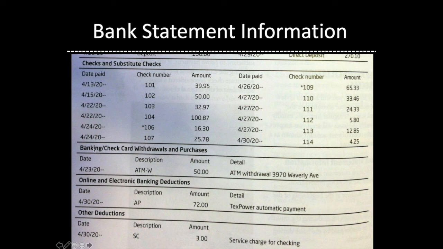It also has check card withdrawals. You went to the ATM, got $50. You had an automatic payment of $72 and any other deductions, like the service charge right down here for $3. That's all the information shown on your bank statement, and yours might look a little bit different than this, but basically contains the same type of information.